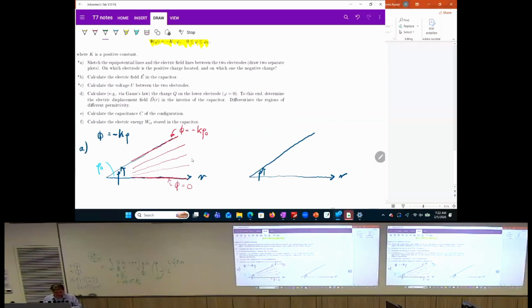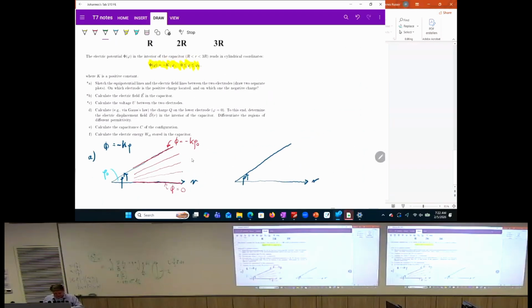As for the charges, we have positive charges here and negative charges here. What about the field lines that we also should plot? Well, we know that the field lines are perpendicular to the equipotential lines, and for that reason they have this radial character.